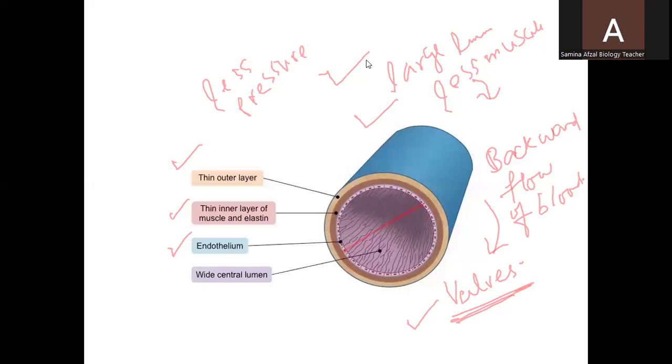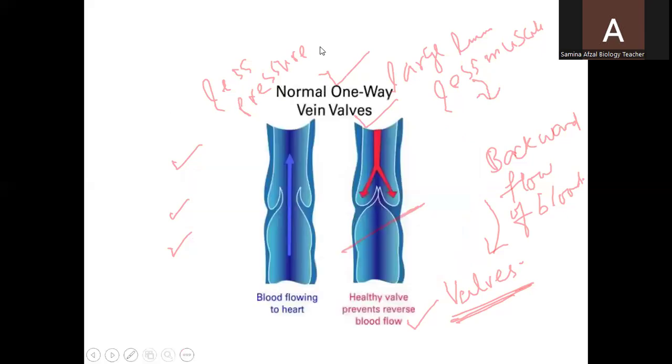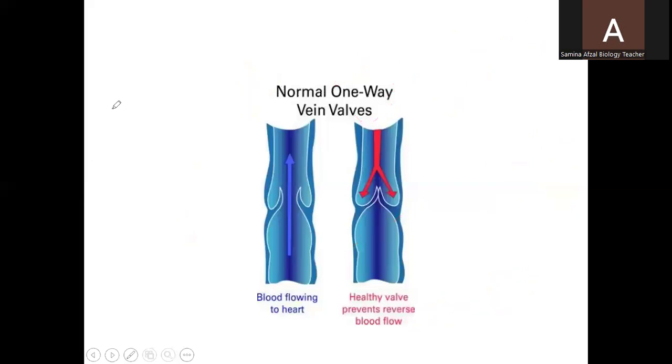In the next slide, I would like to show you the valves which can be present in a vein. And here you can see the blood can flow towards the heart. The valves are just like doors or flaps. They can only open in one direction.